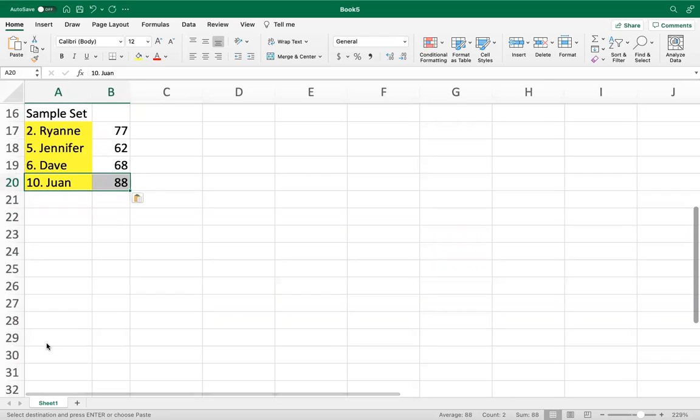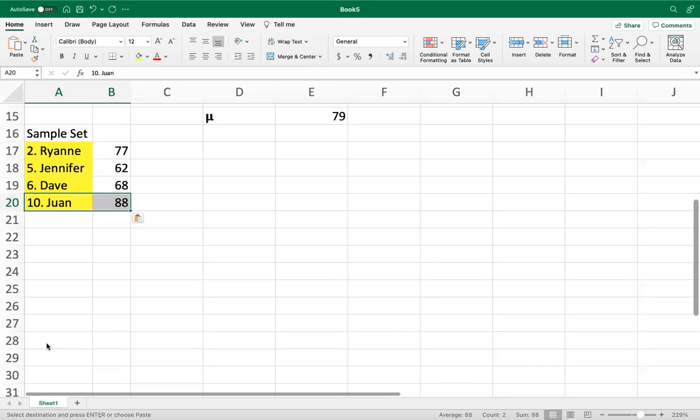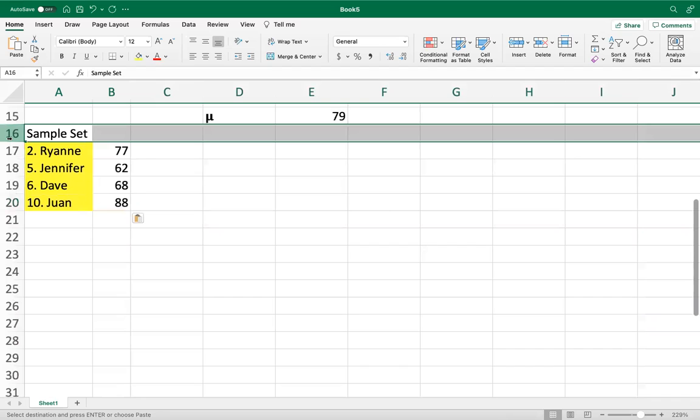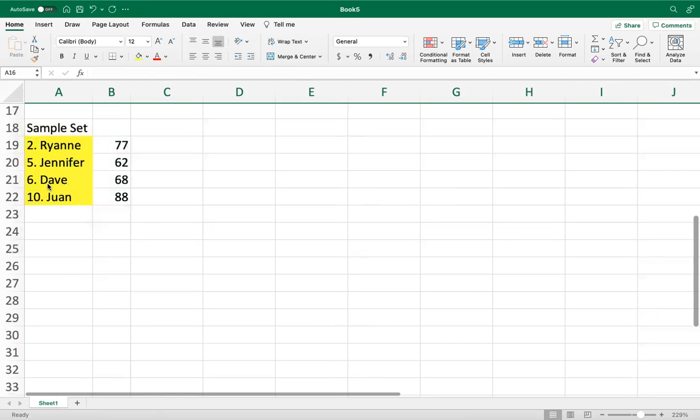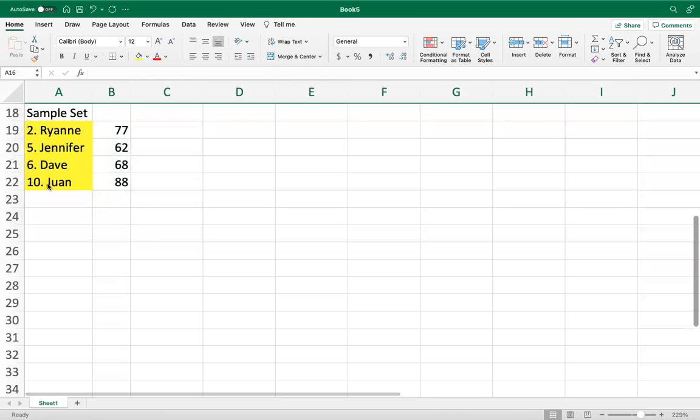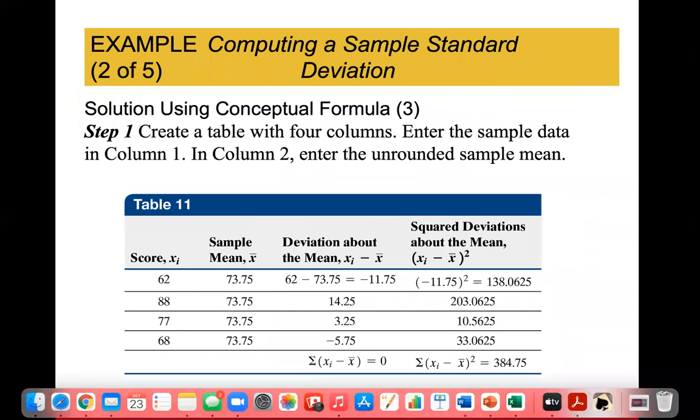Now looking at this sample set, remember we're looking for our standard deviation. Let's see if we can get a couple of spaces here. All right, there we go. That way we can keep everything a little more organized.